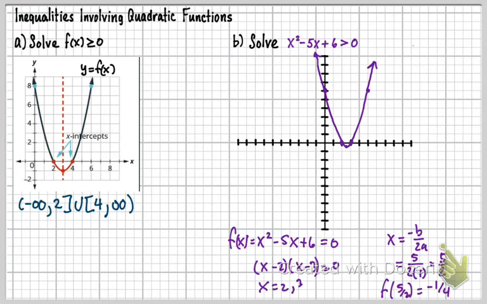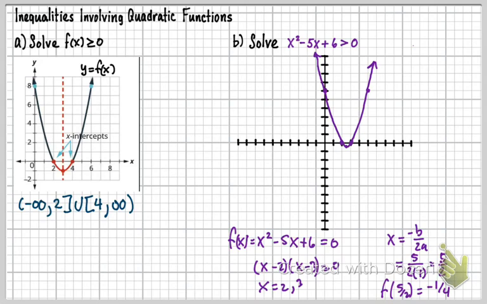So now we're looking where this function is greater than 0, and that's going to be above the x-axis, because that's where this is really my y, or my f of x. Down here, f of x equals x squared minus 5x plus 6, and that's my y values. So where are my y values going to be larger than 0? Above the x-axis.